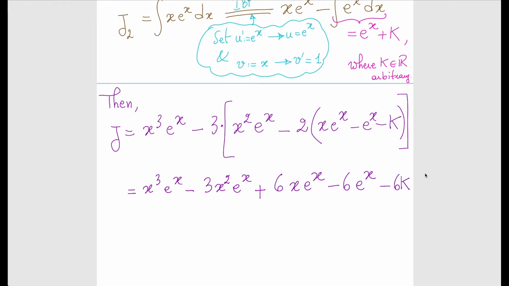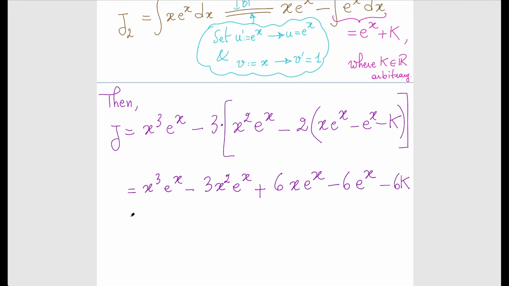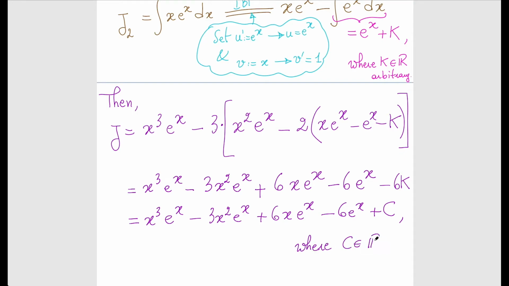And that's what I was talking about. This whole thing can be thought of as a new constant. Since k is an arbitrary number in R, minus 6k can also be an arbitrary number in R. So how about calling it C? So we get x cubed e^x minus 3x squared e^x plus 6x e^x minus 6e^x plus C, where C is an arbitrary constant in R.